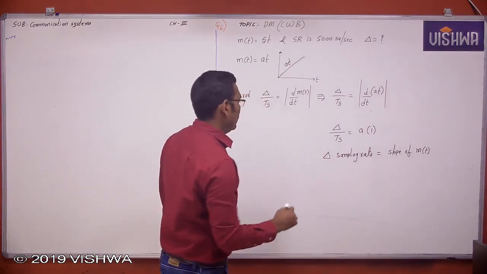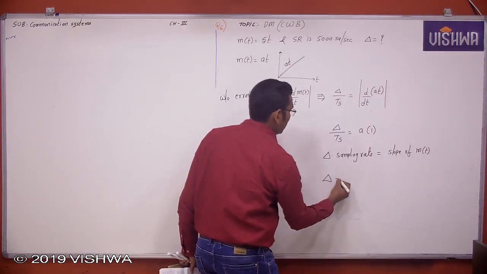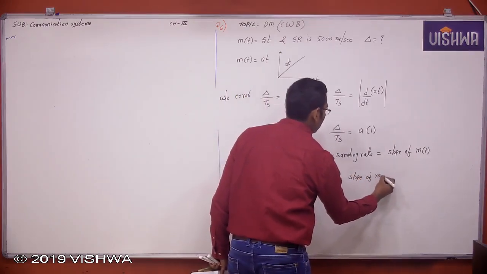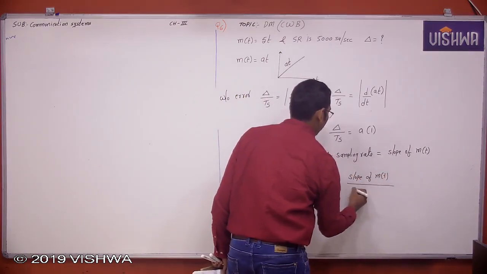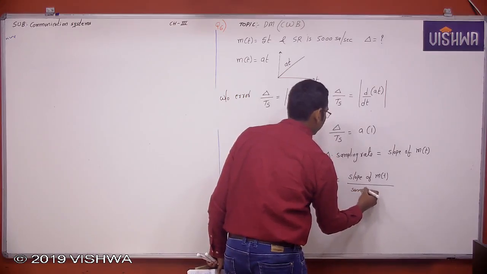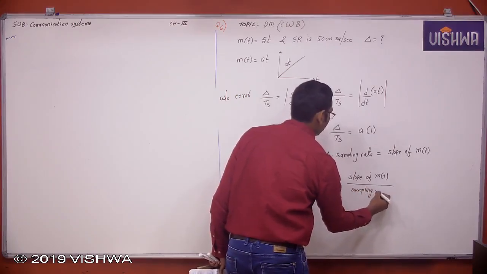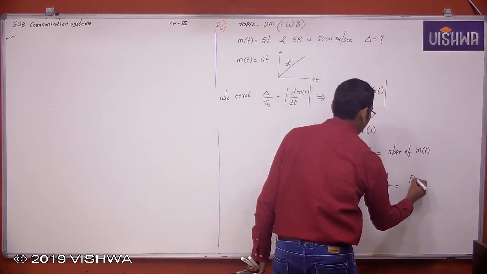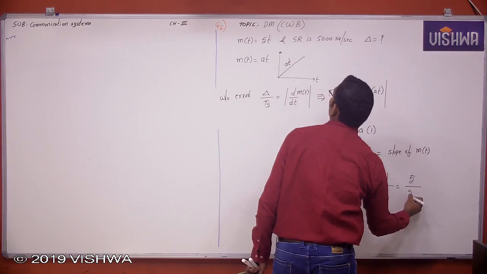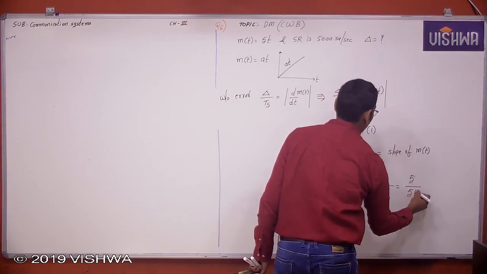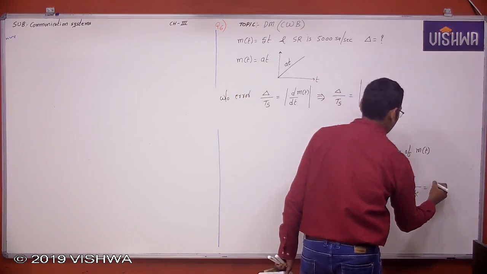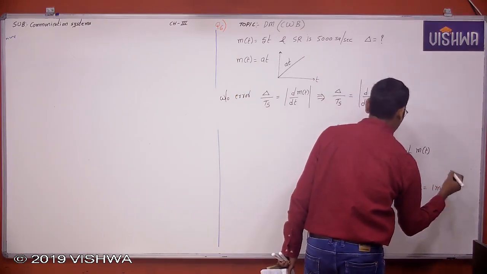So the optimum step size is the slope of the message signal divided by the sampling rate. The slope of the message signal is 5, the sampling rate is 5 kilo samples per second, so 5 cancels, which gives 1 millivolt.